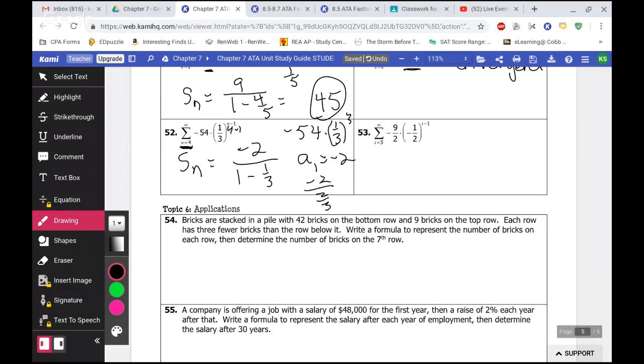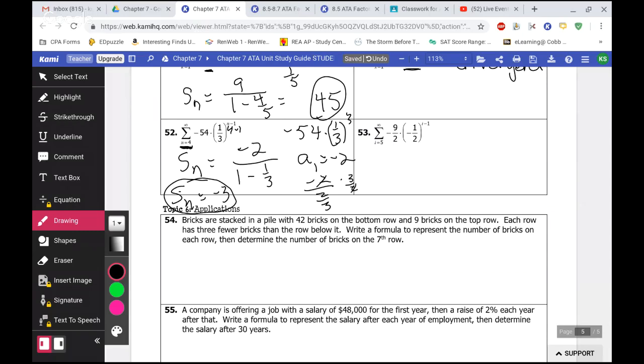So keep, flip, change. I get negative 3. Okay, that's what I got. Oh, I'm glad we did that. Yeah, I wouldn't have done it on the next one either.